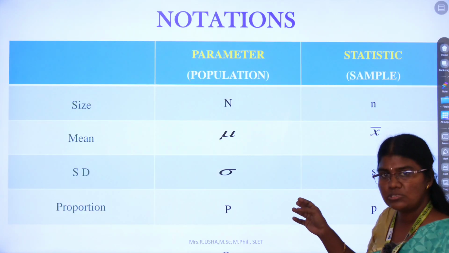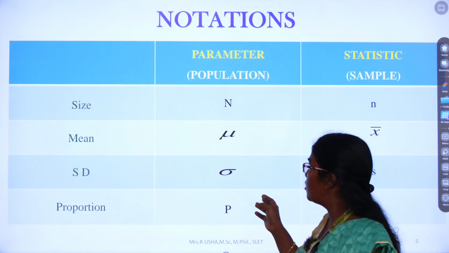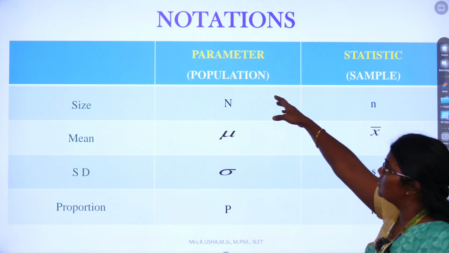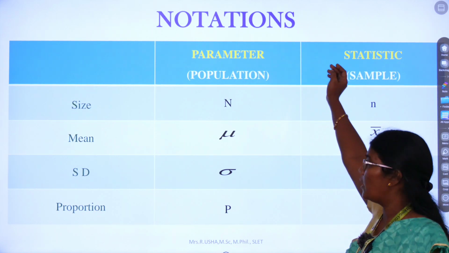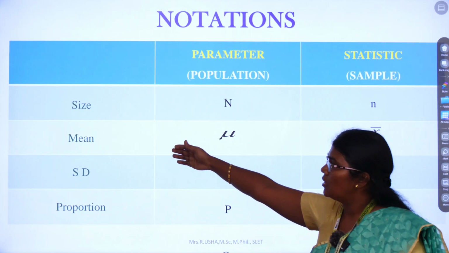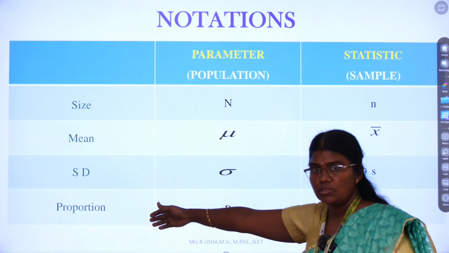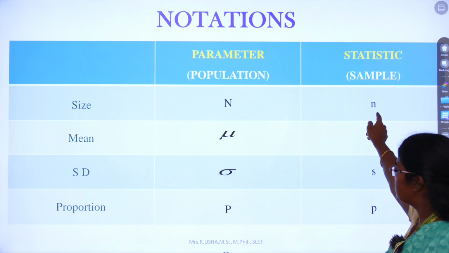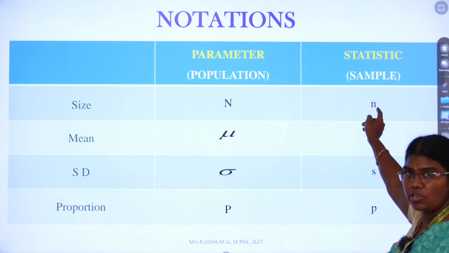These are the important notations used for the population and sample. For the population it is called a parameter, and for the sample it is called a statistic. For size we have capital N for the population, and for the sample it is denoted as small n.